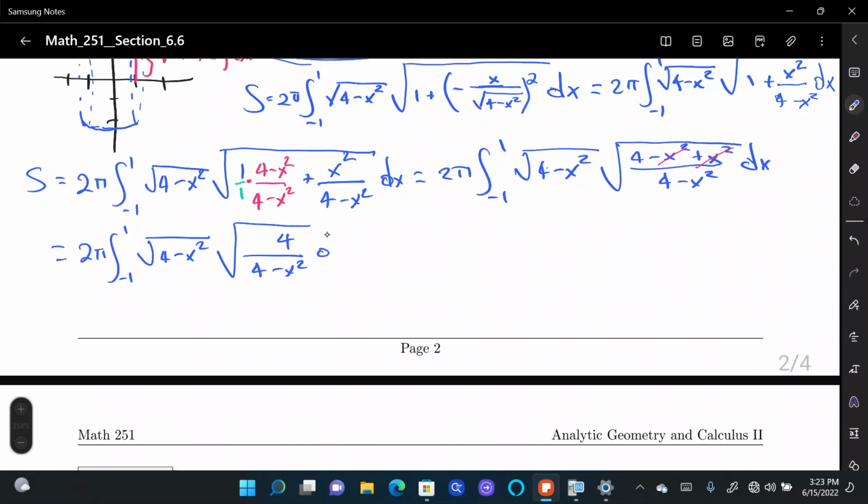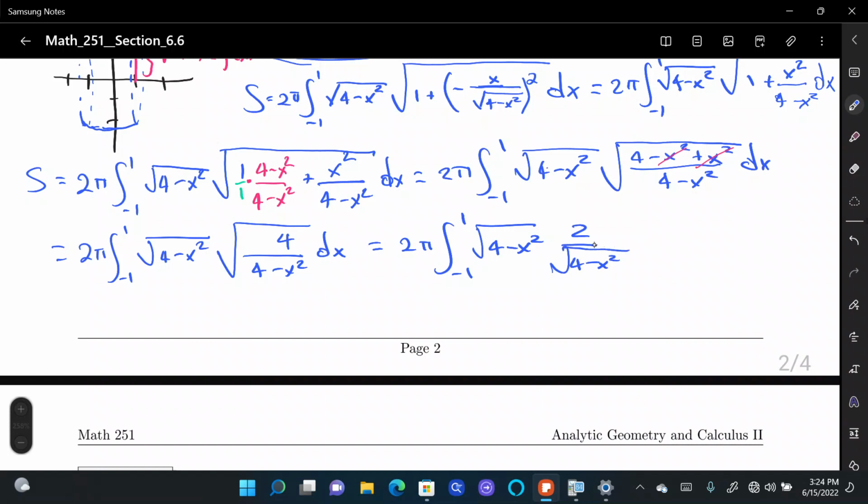And this one, like I mentioned before, reduces really nicely. We may now take the square root of the numerator and the square root of the denominator. What's the square root of 4? 2. What's the square root of 4 minus x squared? Well, the square root of 4 minus x squared.